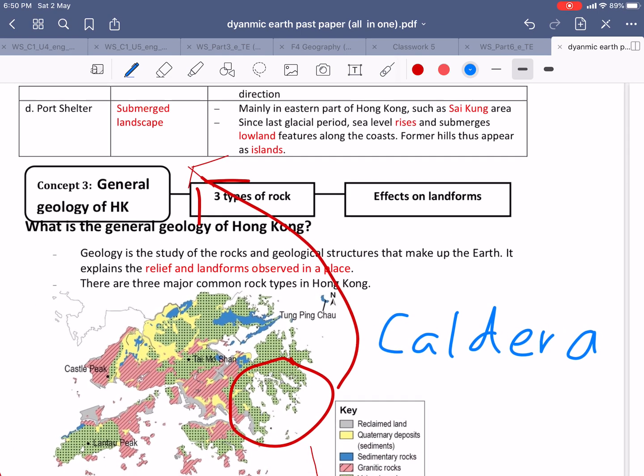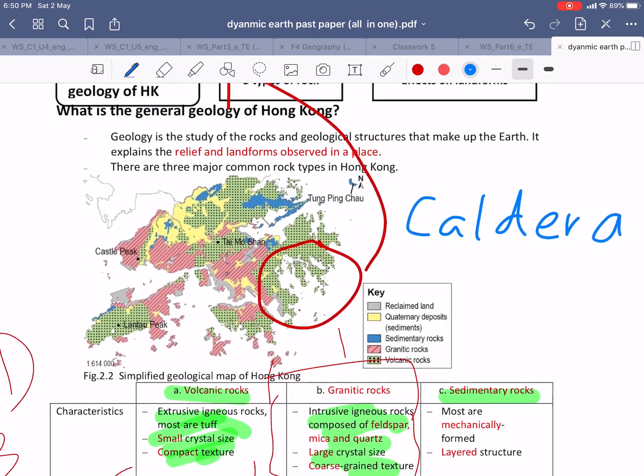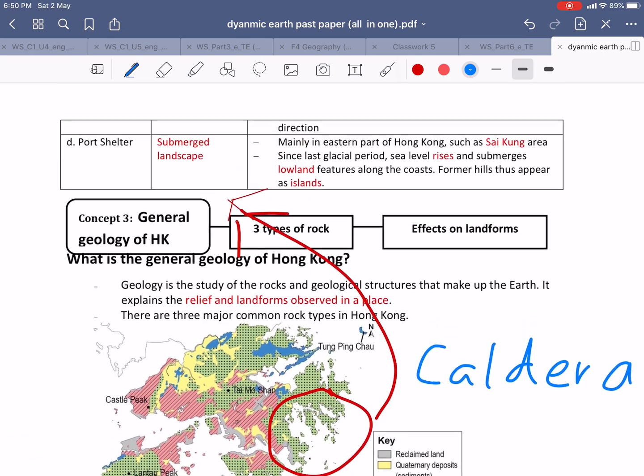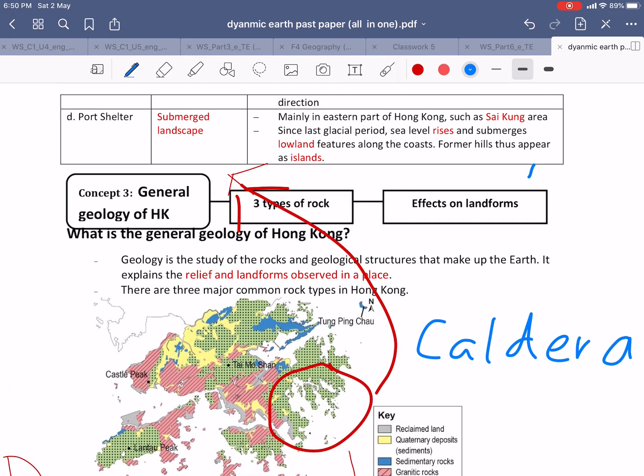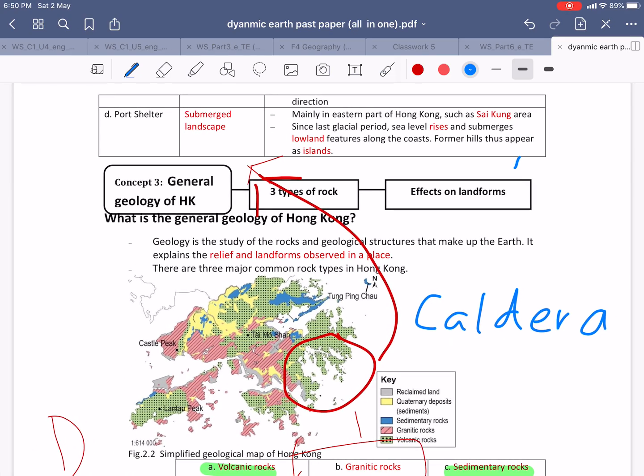Okay, in the last glacial period, sea level rise submerged lowland features along the coast, and former hills first appeared as the landscape. So you can see the rock nature and also the fault system are highly related to the landform of Hong Kong. So it's important that we generalize the distribution of rock types with the distribution of highland or lowland in Hong Kong, the topography of Hong Kong.